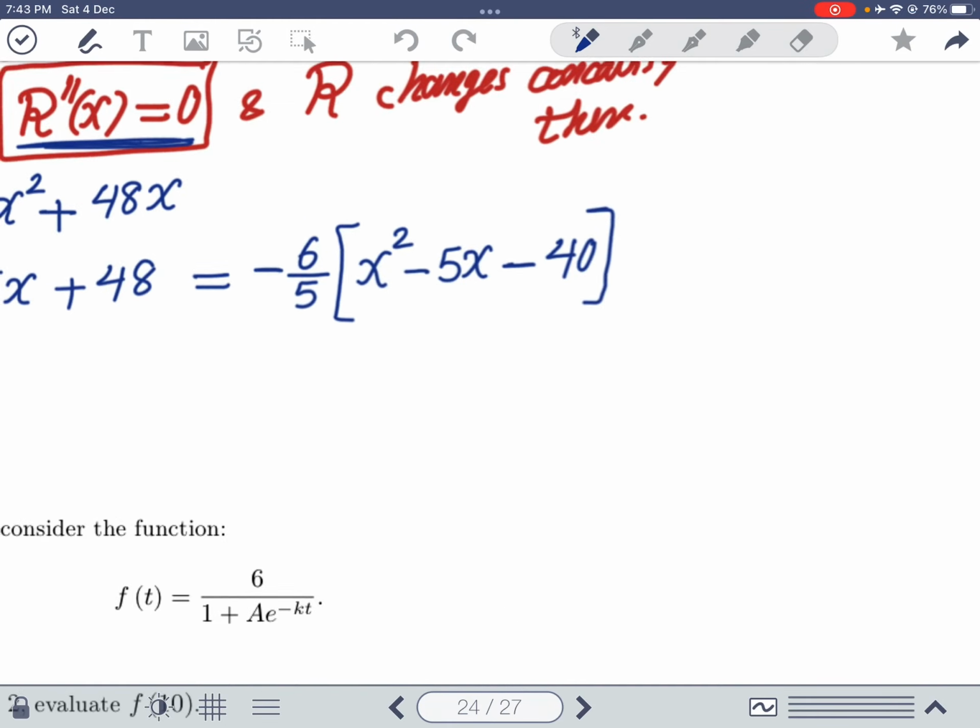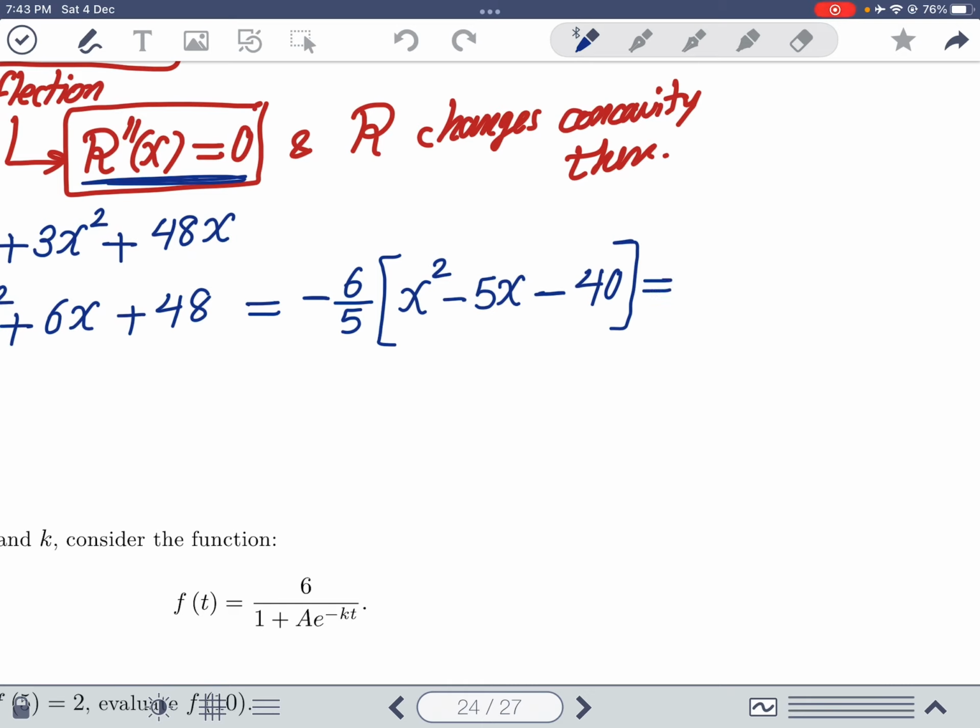So notice also that this is negative 6 over 5, and then you can factor this as x minus 8 times x plus 5 when you factor this quadratic. Two numbers that you multiply and get negative 40, and when you add you get negative 5. What are these numbers? They are negative 8 and 5.